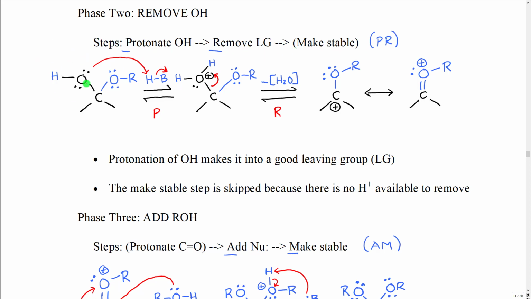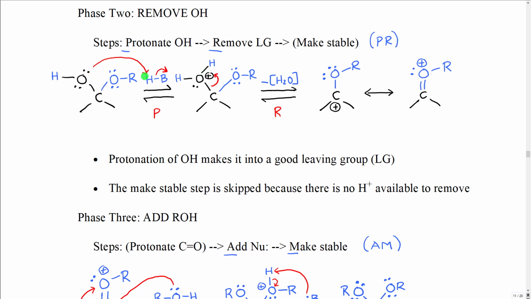Okay, so we want to remove this hydroxyl group. The problem is that if it were to just leave, it becomes hydroxide, which is a pretty strong base. It's not very stable. So in order to make it a better leaving group, what we're going to do is protonate it so that when it breaks off, it becomes a water, which is a much weaker base and much more stable.